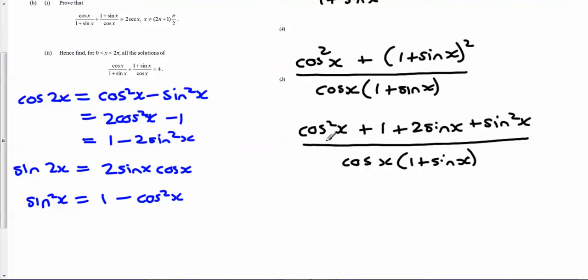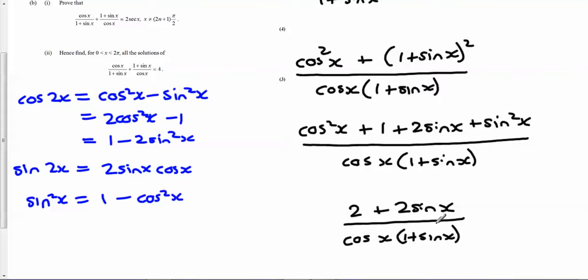Simplifying the top, you'll see we've got a cos squared x plus sine squared x, which is just 1. Add that to the other one, and we end up with 2 plus 2 sine x all over that same denominator we've been working with. And hopefully you've spotted it now that if we take a factor of 2 out of the top, we end up with 1 plus sine x there, and we've got a 1 plus sine x on the bottom as well.